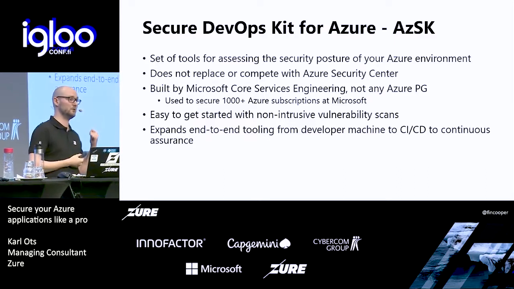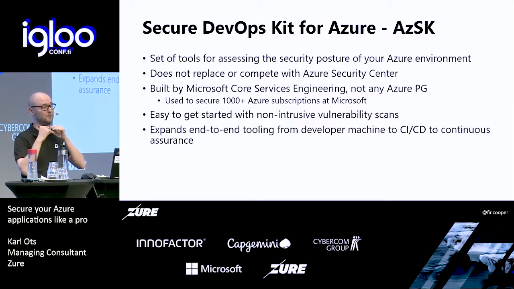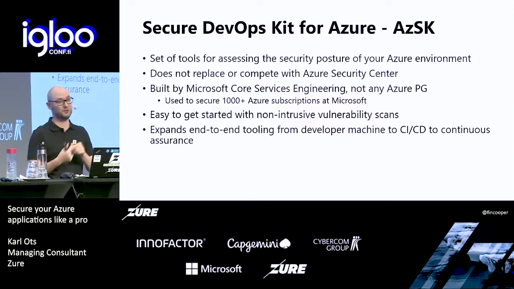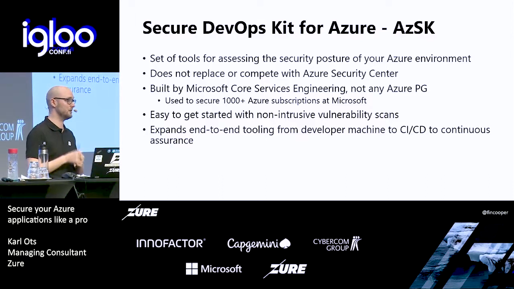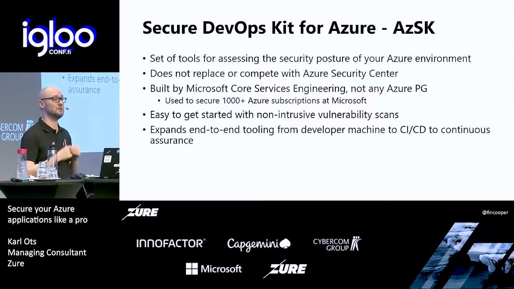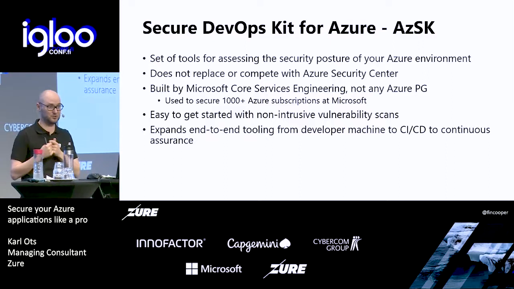So previously, my first screenshot was from Azure Security Center telling me about the needed security configurations, the host hardening. There's another view of Azure Security Center based on the same set of data that's telling me which virtual machines are missing updates. That's good, but what about all of the other parts of Azure? What about the platform as a service parts?